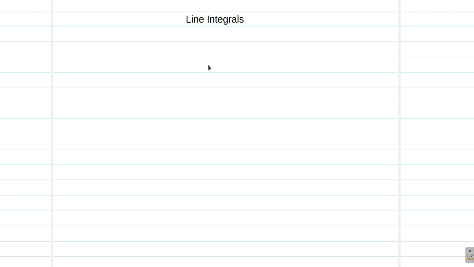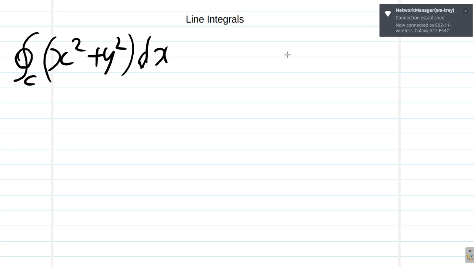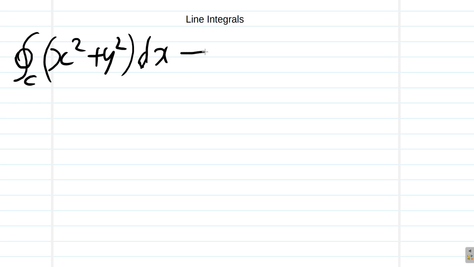Now, it says you must evaluate the integral along a curve around a closed path of x squared plus y squared dx. dx means changing horizontally, so this is the horizontal component of the vector, plus 2xy dy.